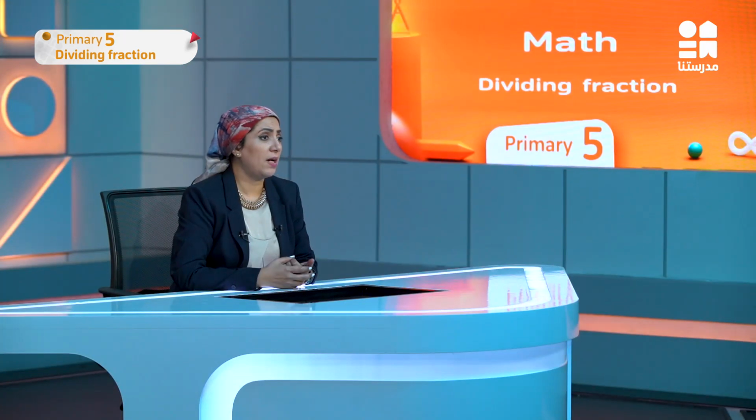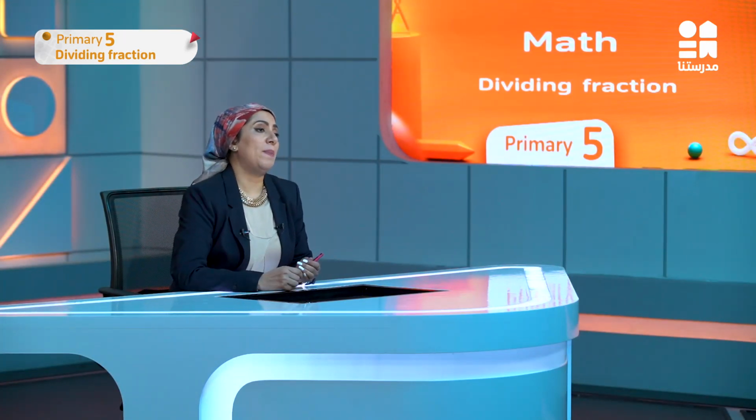So here I will change the 0.6 into a fraction. If you remember last year, we said that I count the number of digits after the decimal point to make it a fraction.